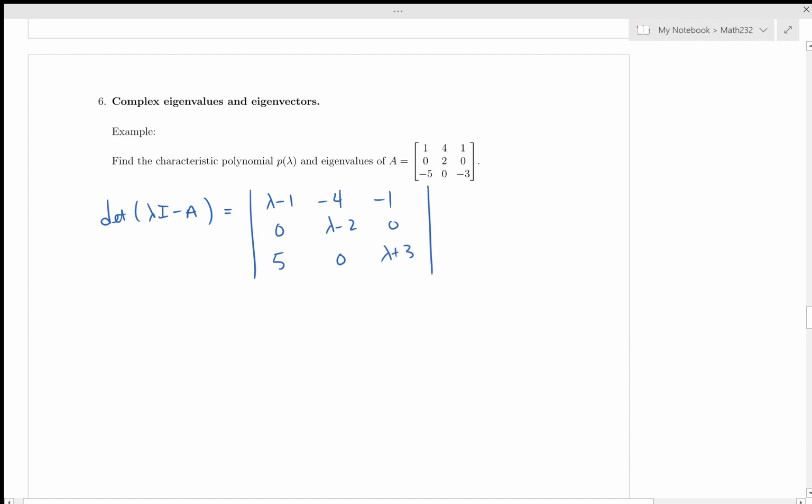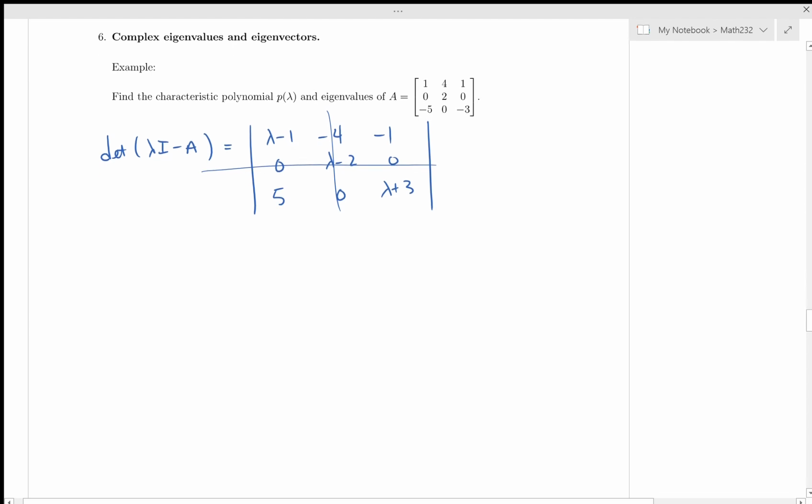Okay, so now we're going to have to take the determinant. I'm going to do the cofactor expansion along the second row here because of those two zeros. So that will lead me to this thing here. This is negative, so that's positive there, lambda minus 2. Yeah, negative, positive, yep. Then I'm going to go here. Lambda minus 1, 5, lambda plus 3.